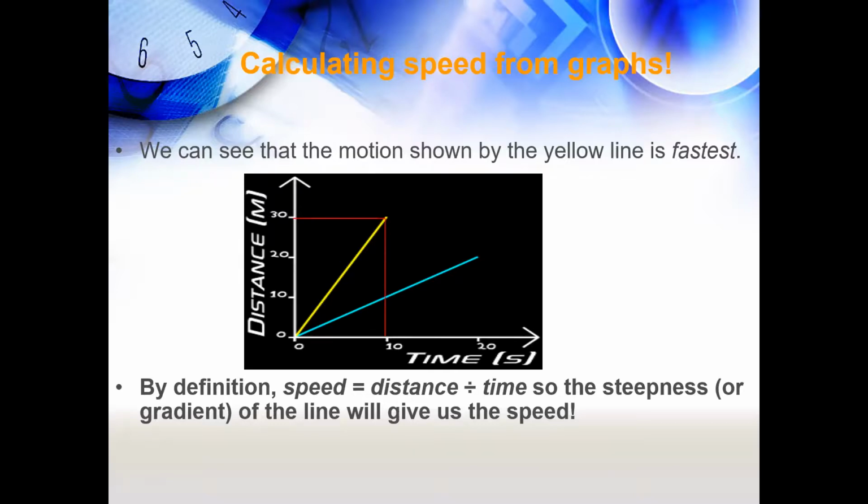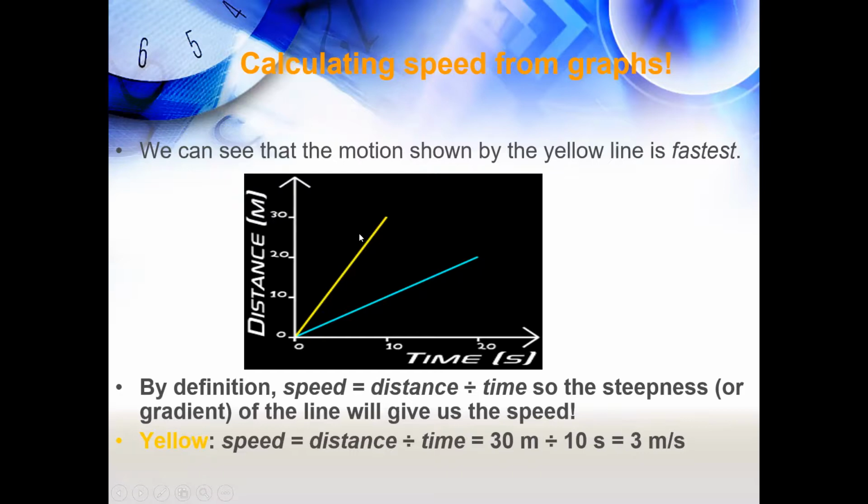Slope is basically, if we take a straight line and take any two random points, by using these two points we can calculate the speed or the slope of the graph.